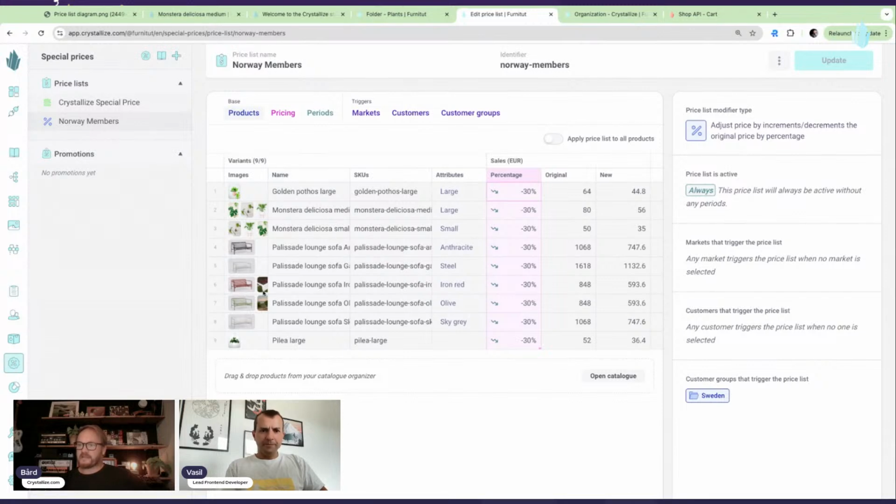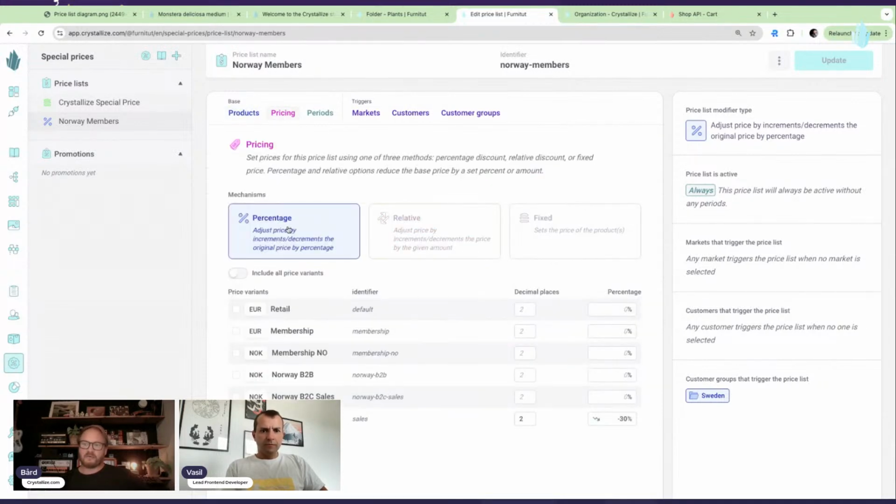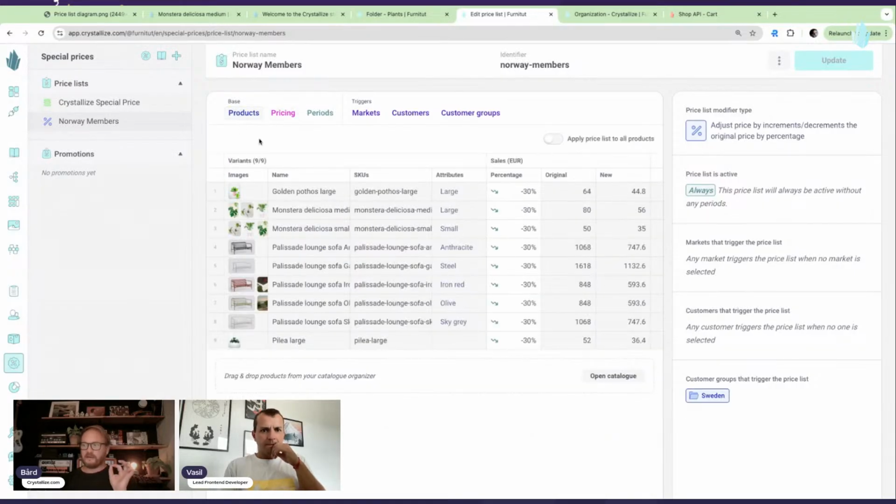So here we've set up a price list where the pricing is set to adjust percent. And we have selected that we want to adjust the sales price variant. Okay, this is an important detail, right? Because now we have adjusted the price of the sales price in the price list.